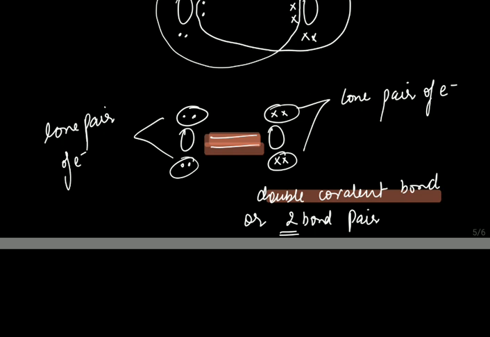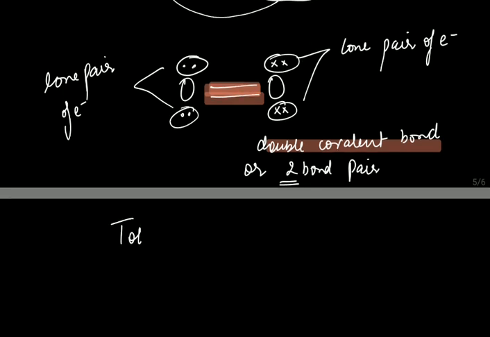If you count it, the total lone pairs of electrons that we have are 4. On each oxygen atom, we have 2 lone pairs each. Total in the oxygen molecule, it's going to be 4.